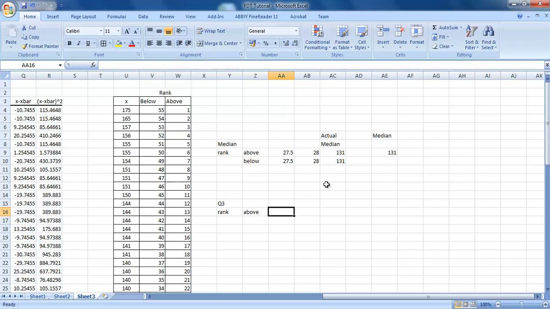From above, the third quartile is located at position n over 4, so it is 55 divided by 4. If we round up the position, it becomes 14. So what is the 14th score from above? We have 144.